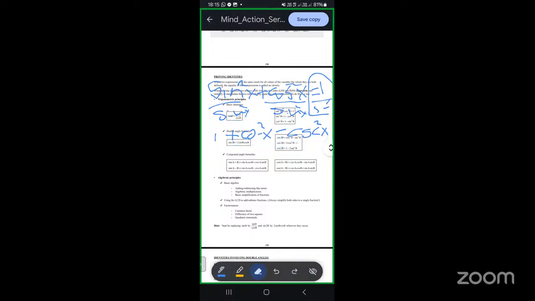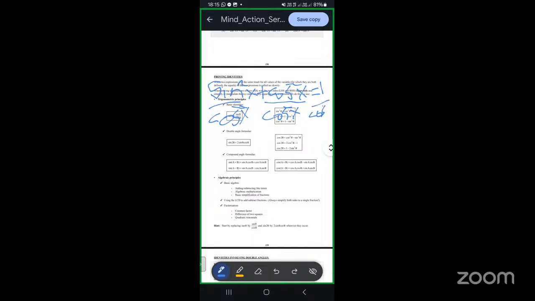Then you can also play around with that formula. Knowing the fact that sine squared x plus cos squared x is equal to 1, we divided by sine squared x everywhere. Now you can still divide by cos squared x everywhere.